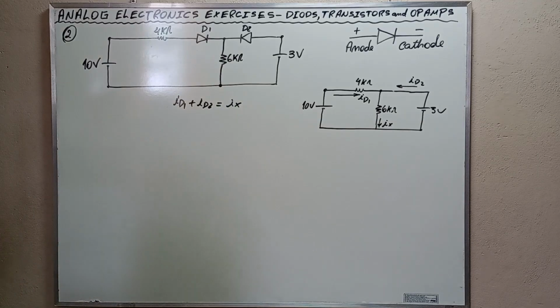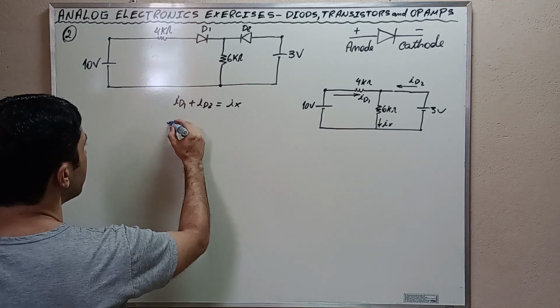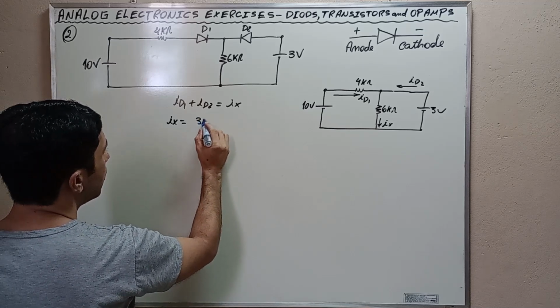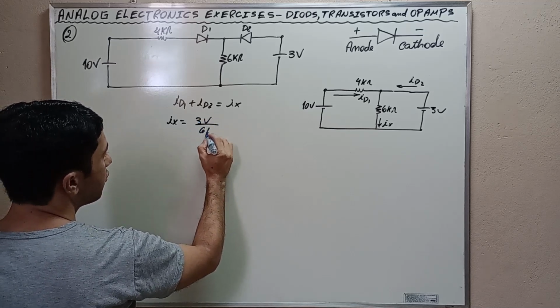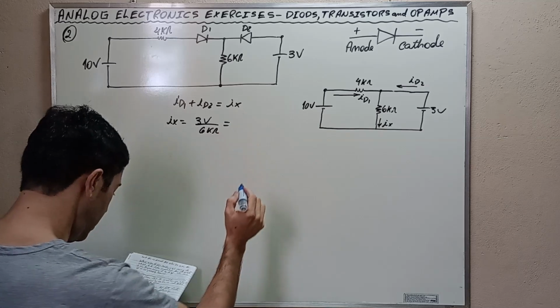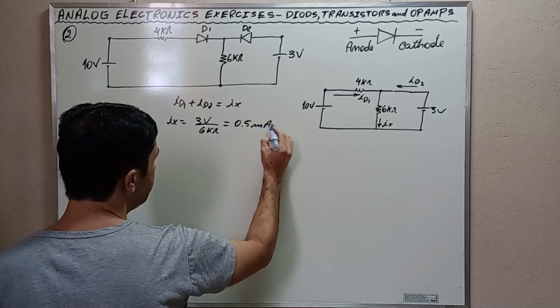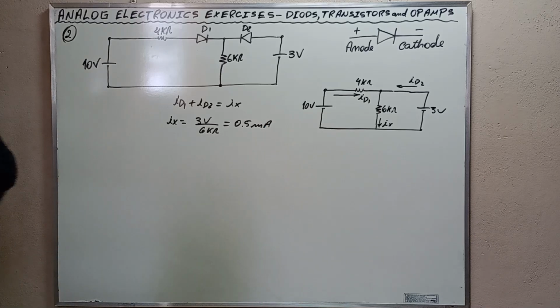The sum of the currents that enter a node has to be equal to the sum of the currents that leave the node. This is the nodal rule, in which IX is equal to 3 volts divided by 6 kilo ohms, which is equal to 0.5 milliamps. And we can calculate also ID1.